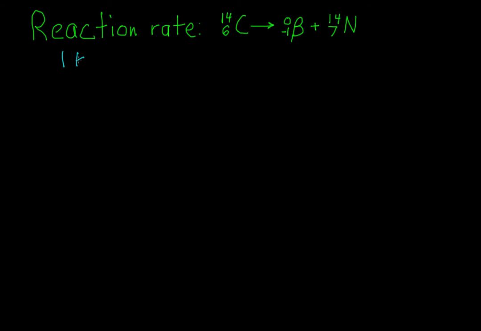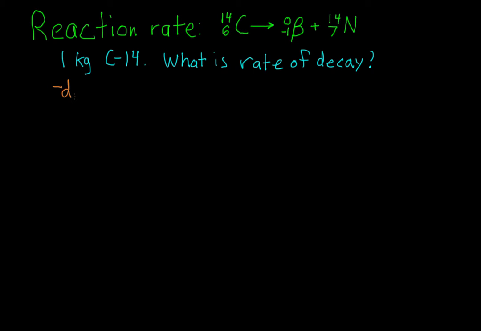If we start with 1 kilogram of carbon-14, what is the rate of decay? For this, we're going to use the differential rate law, which, with my simplification, says negative dn dt equals k times n.